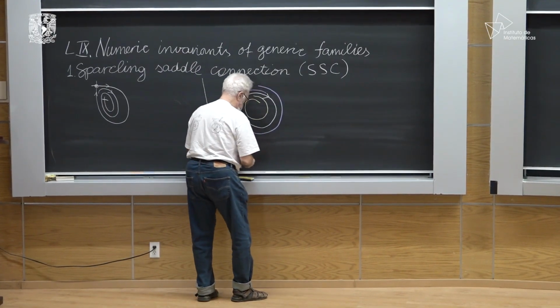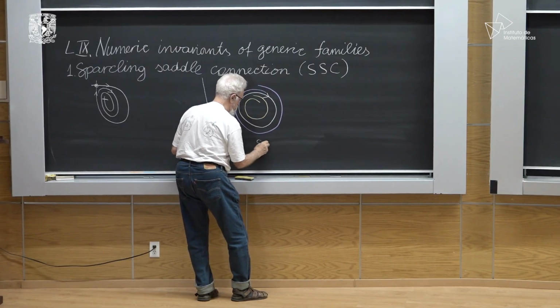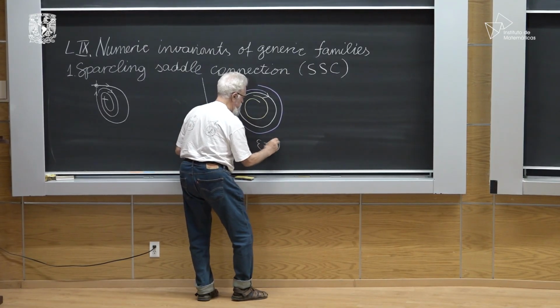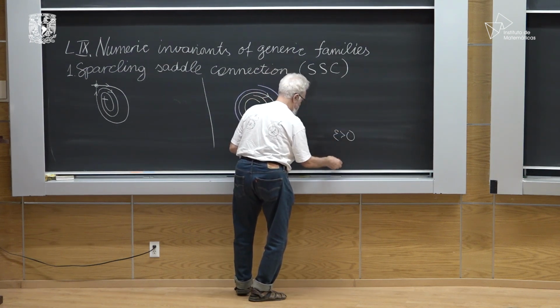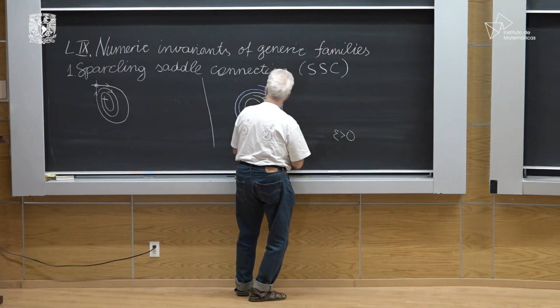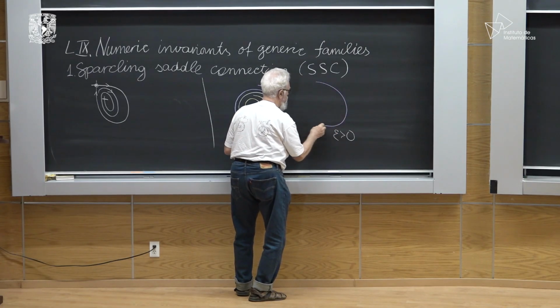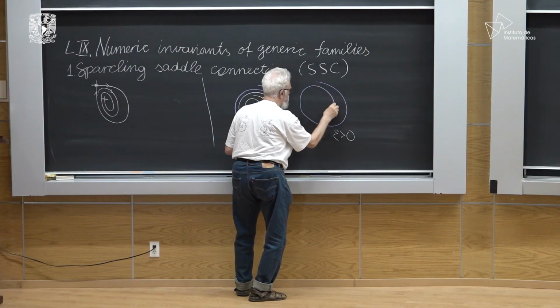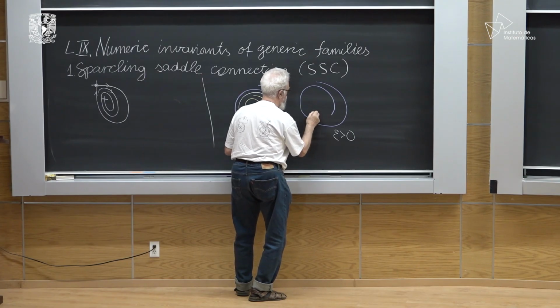When the parameter changes, the cycle may vanish. And the blue orbits can enter the region where the yellow ones were.